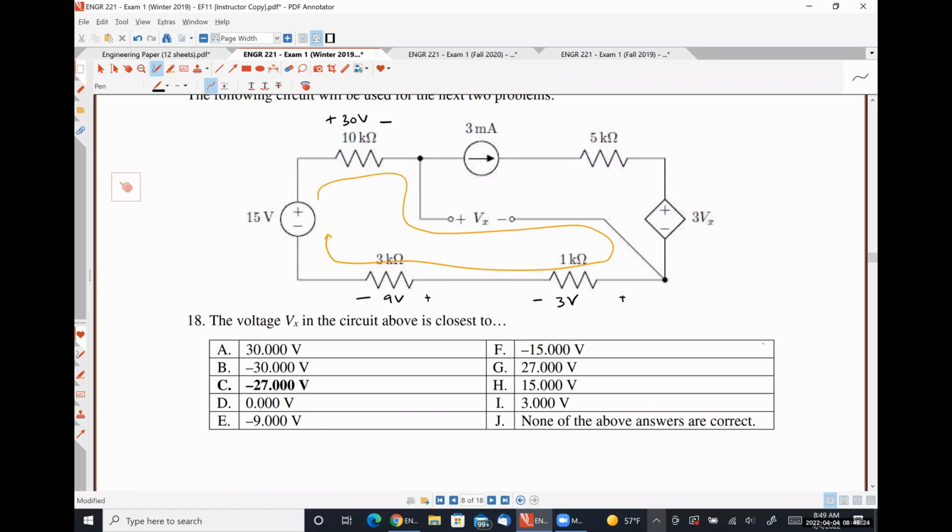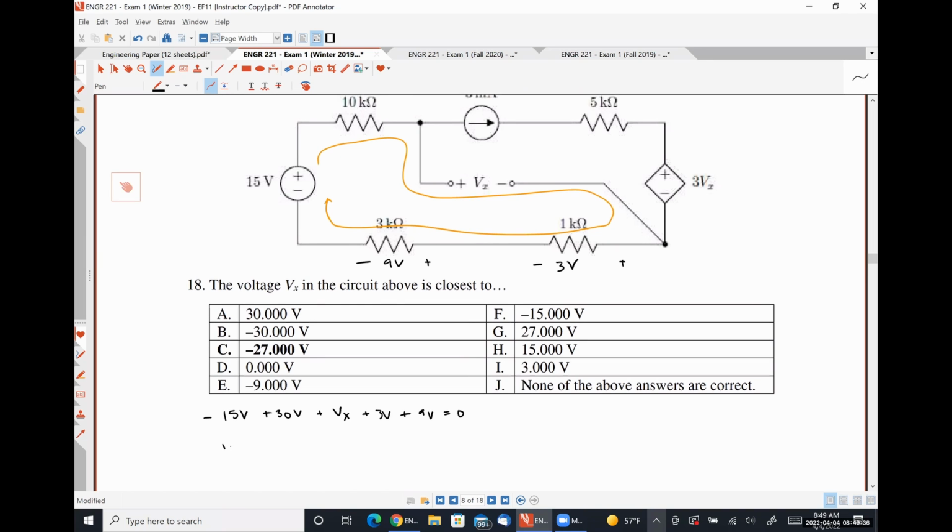So from that, I would have negative 15 volts plus 30 volts plus Vx plus 3 volts plus 9 volts is equal to 0. So Vx would be 30 plus 3 plus 9, so that's 42.